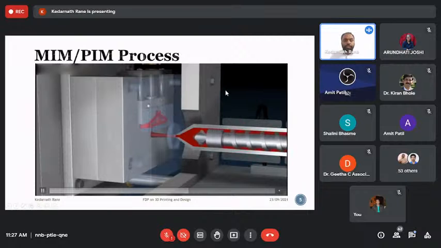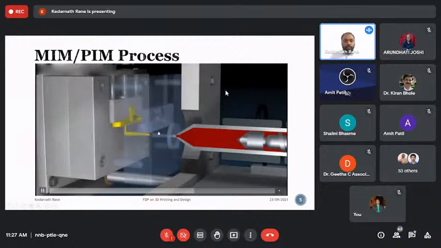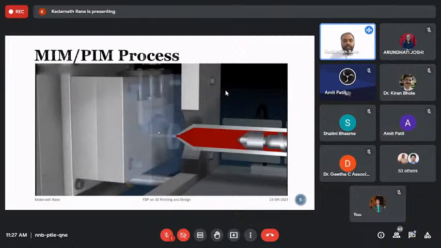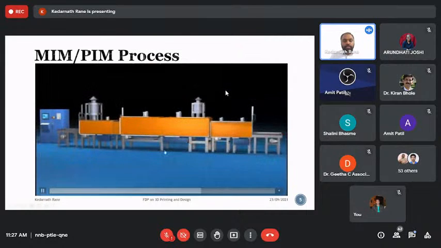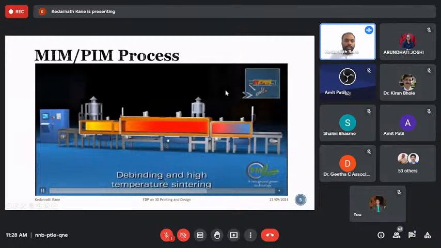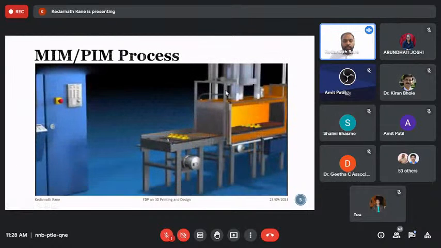Likewise, you can continue with multiple parts production, similar to powder injection molding or metal injection molding. We can use a similar concept, which is debinding and sintering, for the post processing of EAM parts.